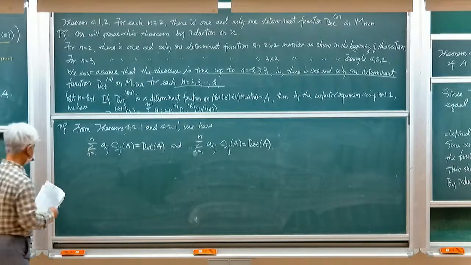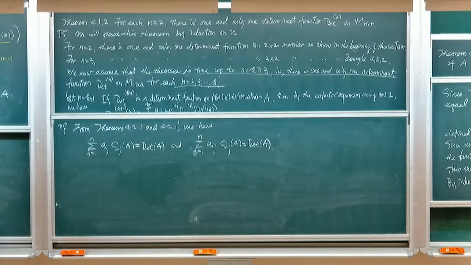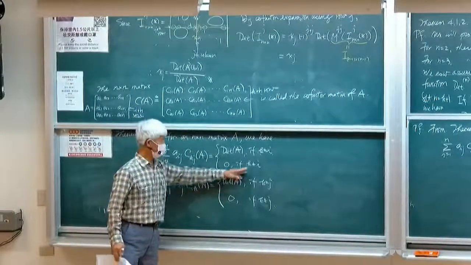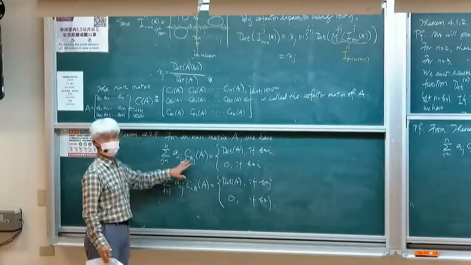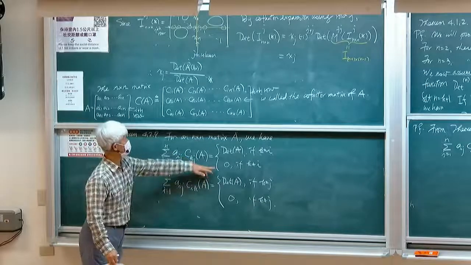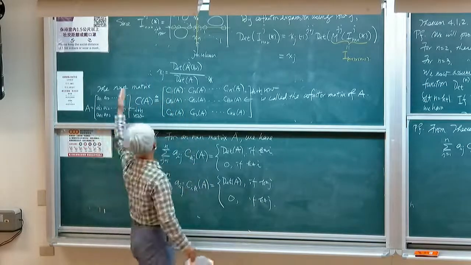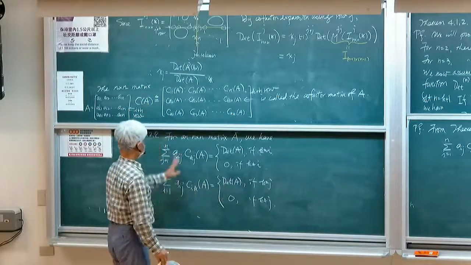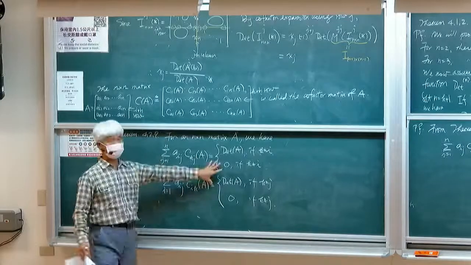So the non-trivial part is what if we select different rows here or different columns here, so that this sum becomes 0.